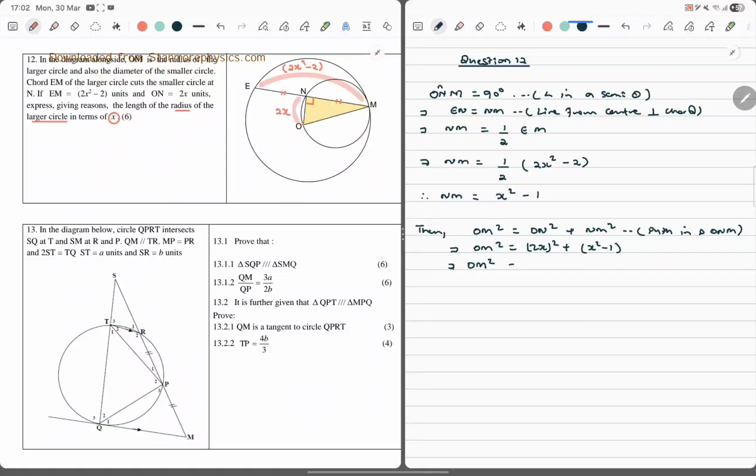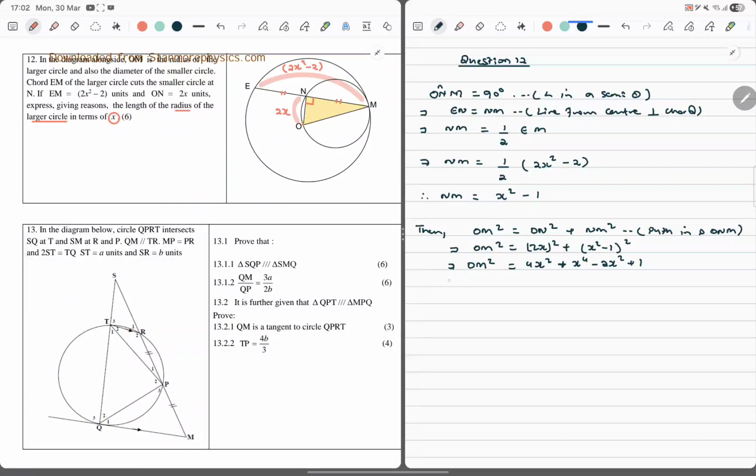Continue, OM squared equals, this is 4x squared plus, oopsie, I forgot there. This is going to be x to the 4 minus 2x squared plus 1.